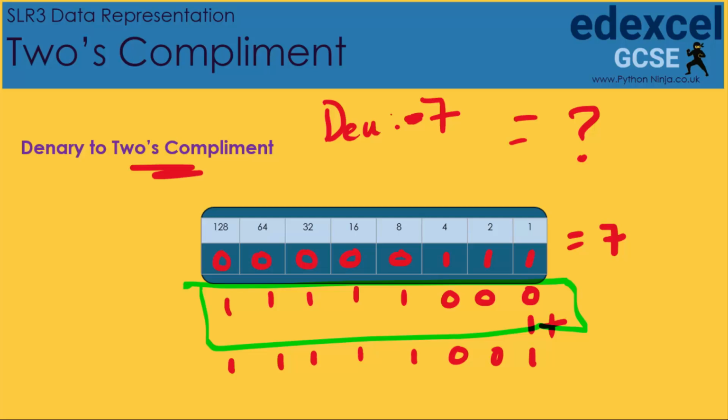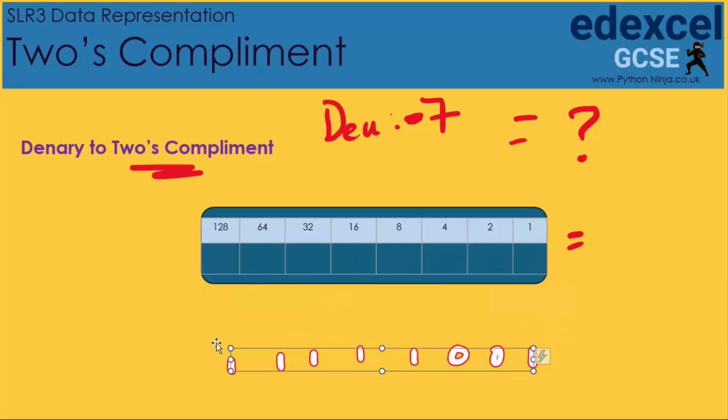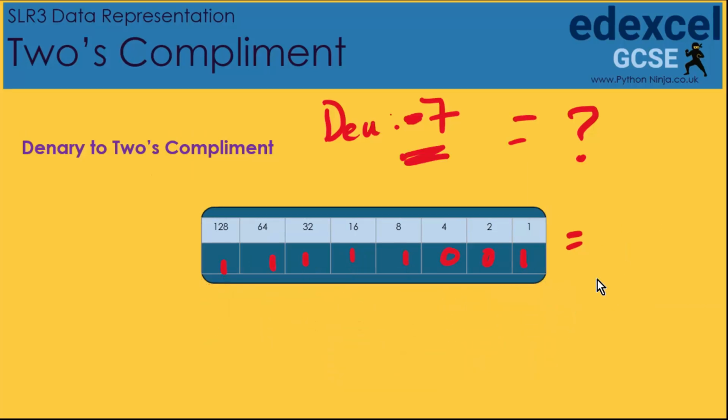Now, we can double check that this is actually denary minus 7. So let's do that. Let's double check that we have indeed got a signed integer number representing denary minus 7 in binary. So look, we've got a 1 here, so that's a good start.